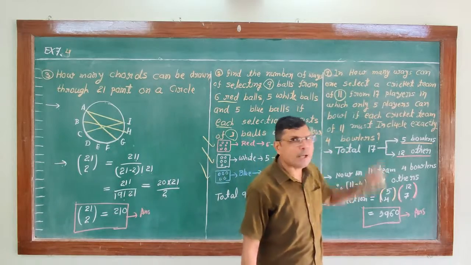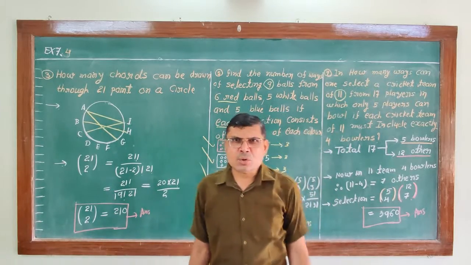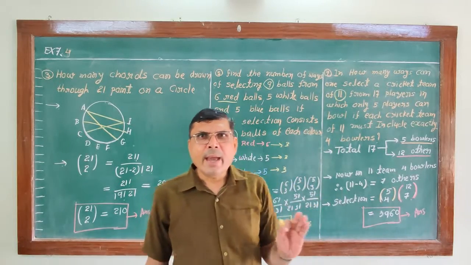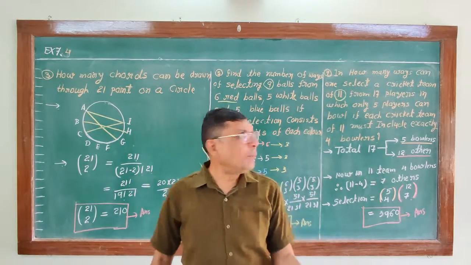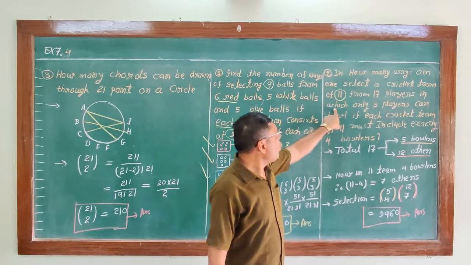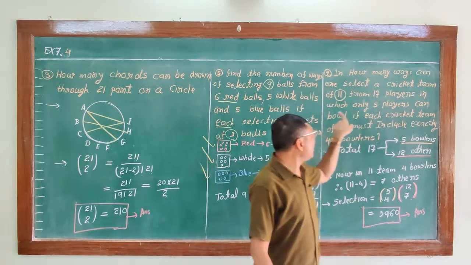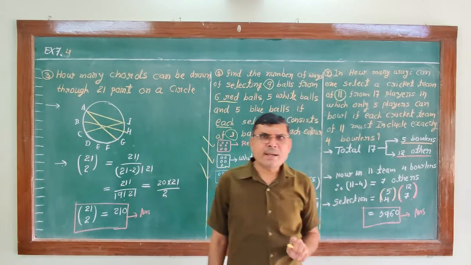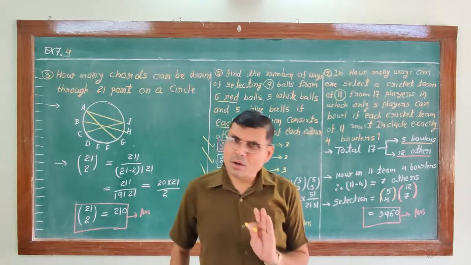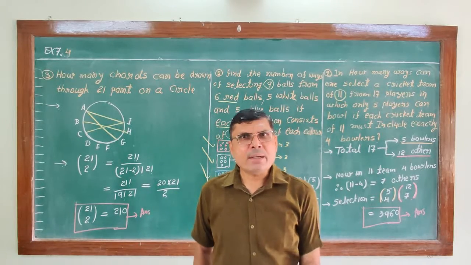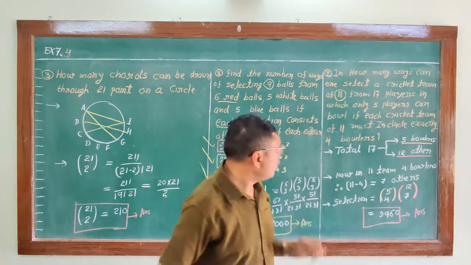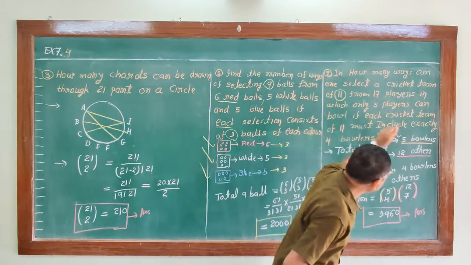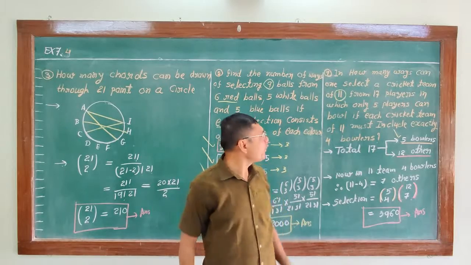From 17 players in total, they want to form an 11-member team, in which only 5 players can bowl. Of course there are 17 players, but out of 17, they have only 5 bowlers.